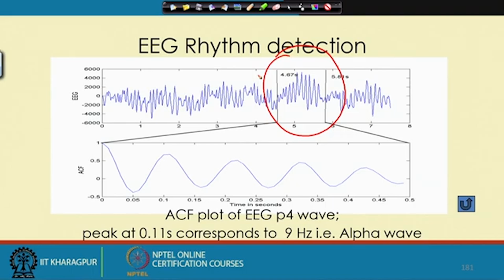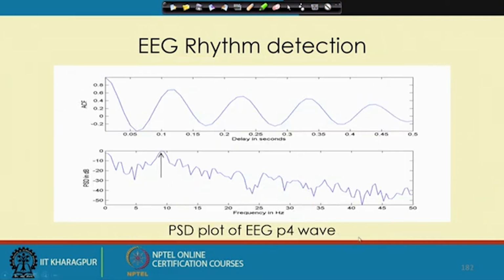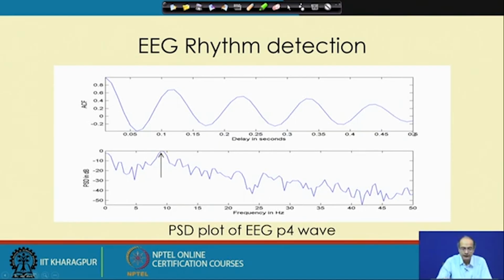Autocorrelation coefficients also tell us that we get a repetition of that wave, we get high peaks. So, our alpha wave is present in this signal. Now, from that autocorrelation coefficient we can take the PSD and we get a peak at 9 Hz. So, that clearly indicates that we have the alpha rhythm present there.